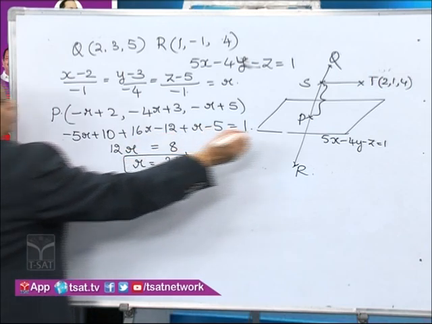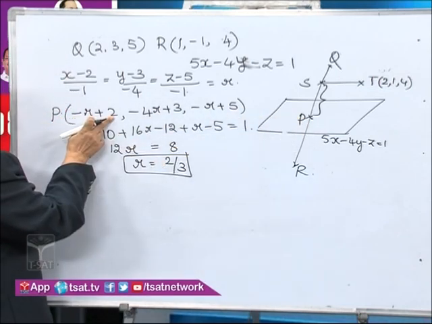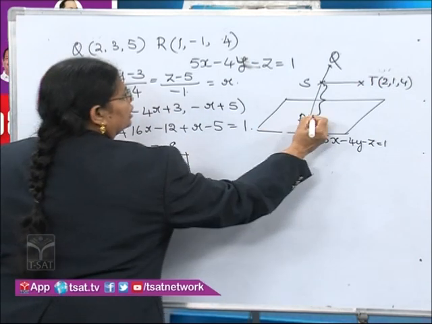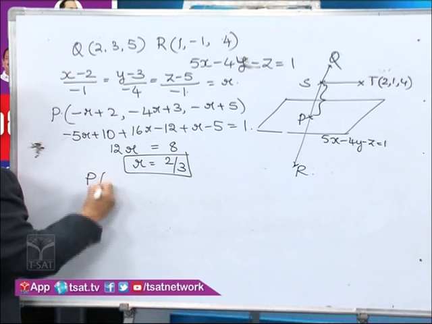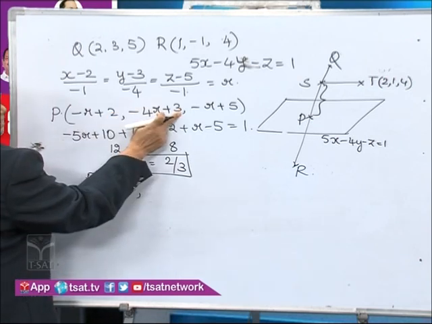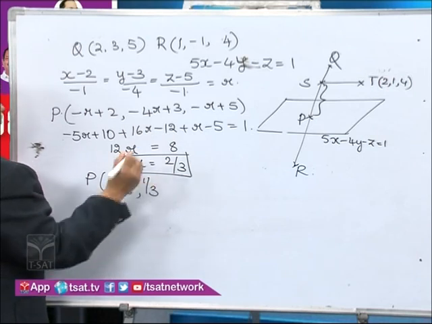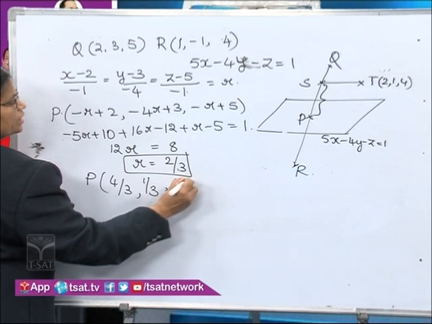So now the point P will be, substituting this, minus 2 plus 6, so P is 4 by 3. Then minus 8 plus 9, 1 by 3, minus 2 plus 15, so it is 13 by 3.